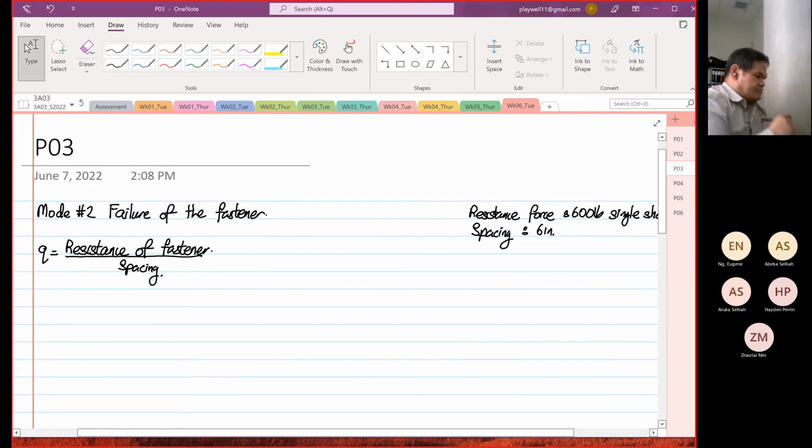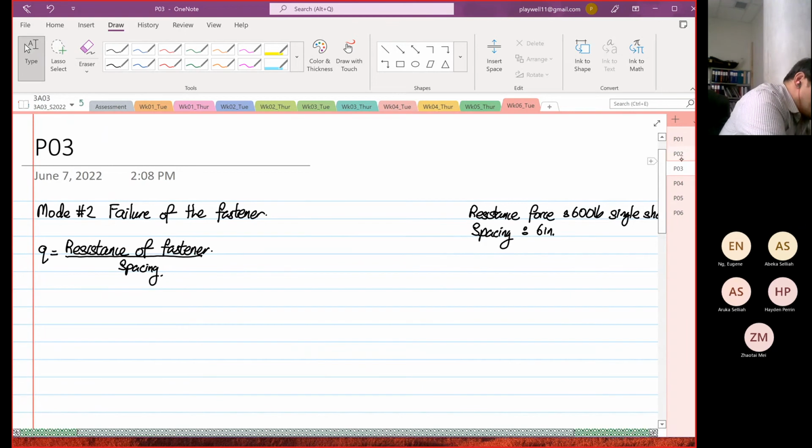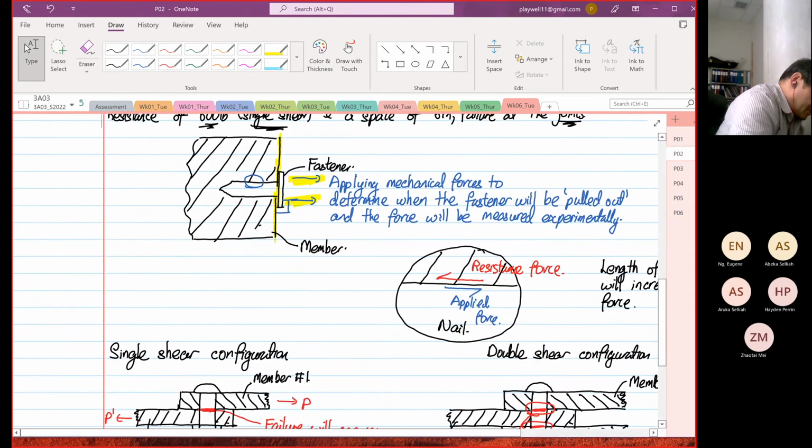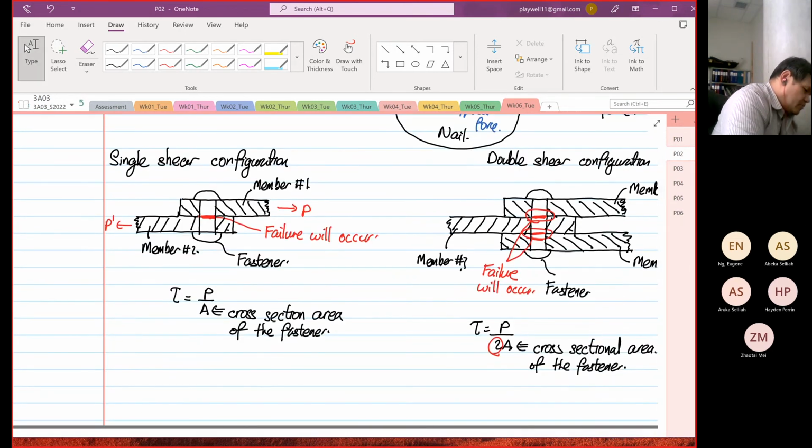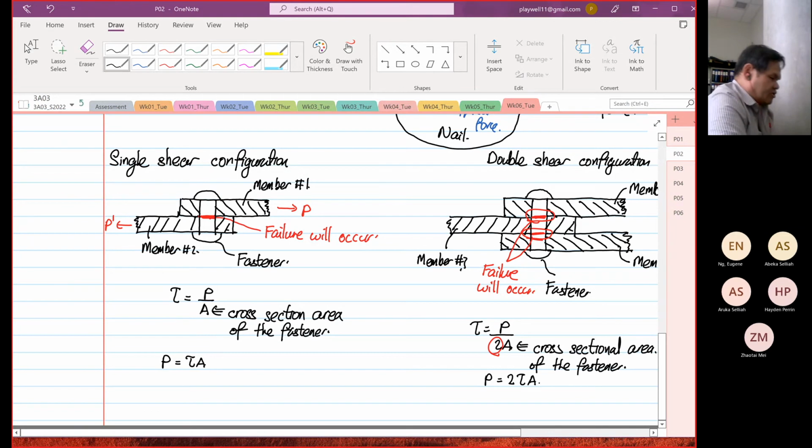Okay. So now let's recap what we learned. Shear stress is equal to P divided by A for single shear. For double shear, shear stress is P divided by 2A. So if we arrange the equation, P is equal to shear stress multiplied by A. Over here, when it's double shear, P is equal to 2 times shear stress multiplied by A. Not divided.